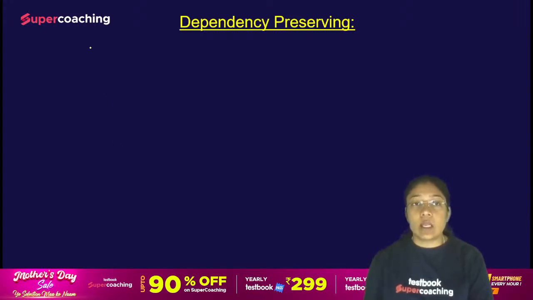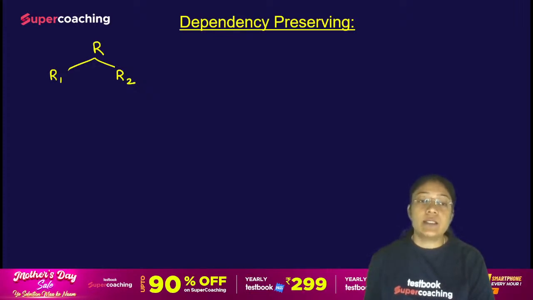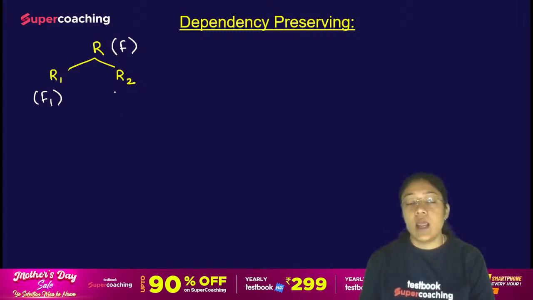Okay, so if the original relation R is decomposed into the sub relations R1 and R2, तो definitely functional dependencies भी divide हो जाएंगी. If the original functional dependency set is F, तो R1 का अपना कुछ functional dependency set होगा. Let me call this F1, and for R2 this is F2.